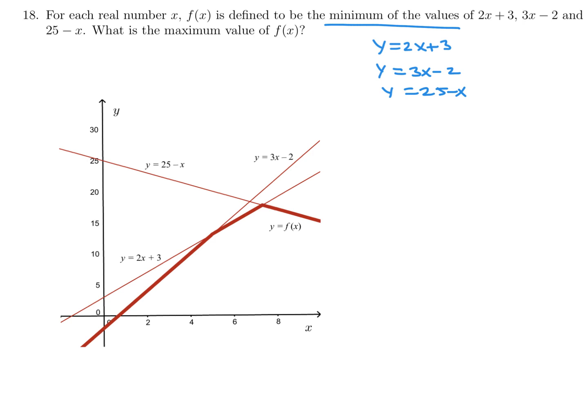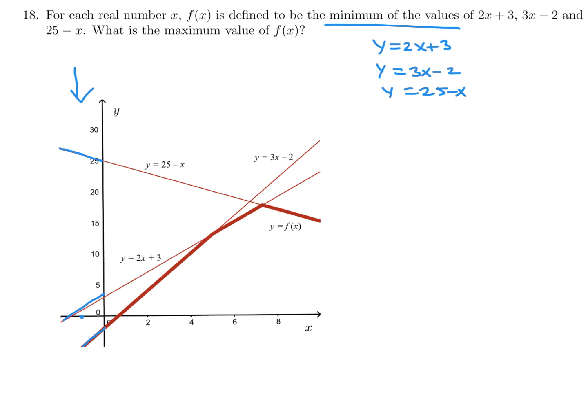So let's start off way out here, some value of x, maybe minus 1. Here we have the graph of y is equal to 25 minus x. Here we have the graph of y is equal to 2x plus 3. And here we have the graph of y is equal to 3x minus 2. Now, of those 3, which is the minimum?